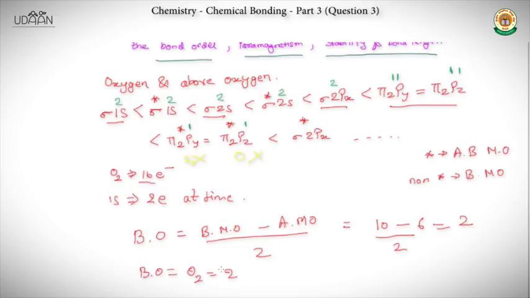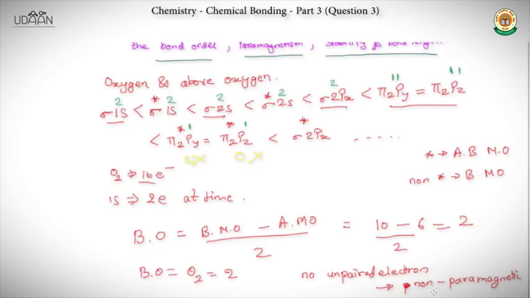And for checking whether a molecule is paramagnetic or not, we know the condition that there should be no unpaired electron. So if there are no unpaired electrons, is it paramagnetic or is it not paramagnetic? It is non-paramagnetic, which is also diamagnetic. Okay, so if you have unpaired electrons, it will be paramagnetic.